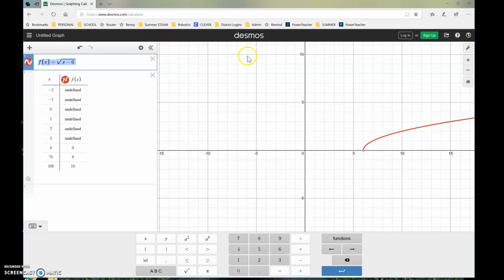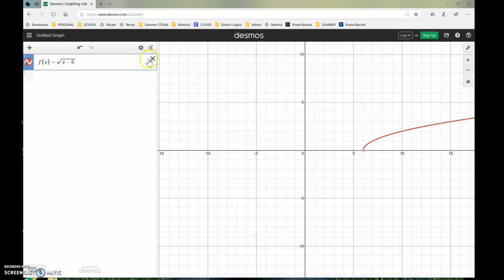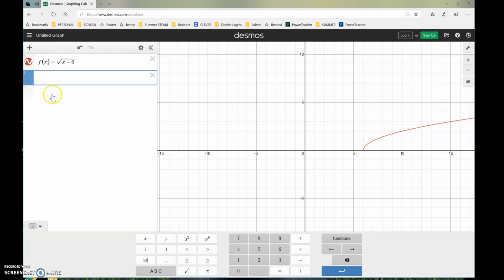So if you're struggling in Aleks, if you need help with some of these functions and graphs and tables, go into desmos.com and see if you can figure some stuff out in there. It may help you. You can add multiple things.